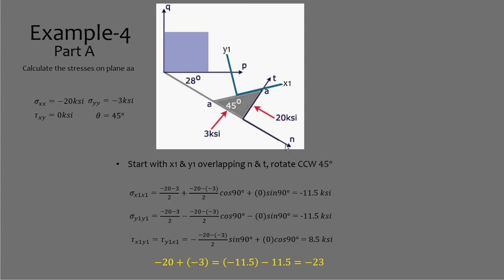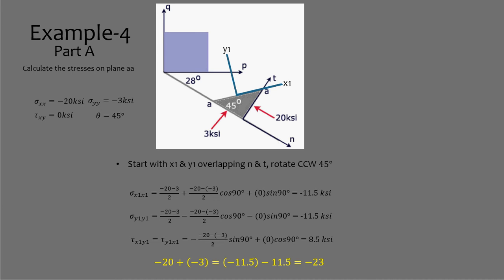So that would make a theta of N to x1 45 degrees, and y1 is perpendicular to AA. Remember, there always has to be a counterclockwise 90-degree angle from x1 to y1.